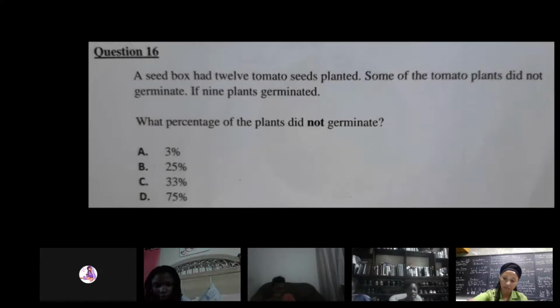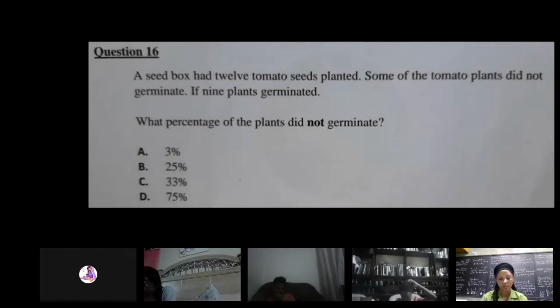Miss, since 9 plants germinated and there were 12, 3 didn't germinate. So 9 over 12 times 100 over 1. The 9 and the 12 would cancel down to 3 over 4.